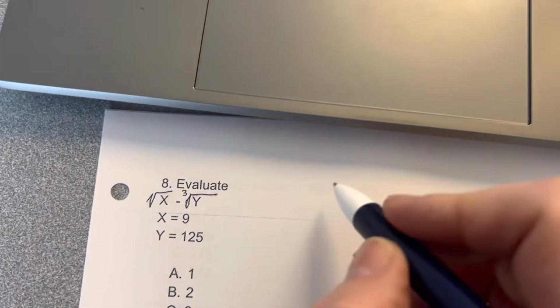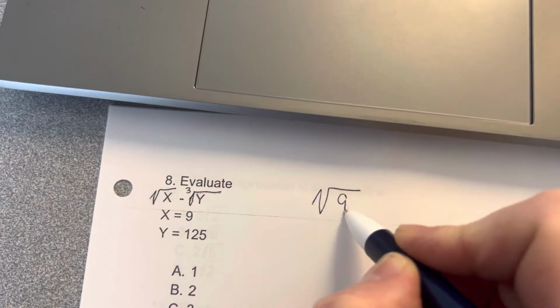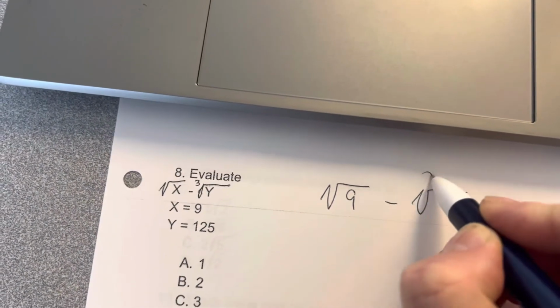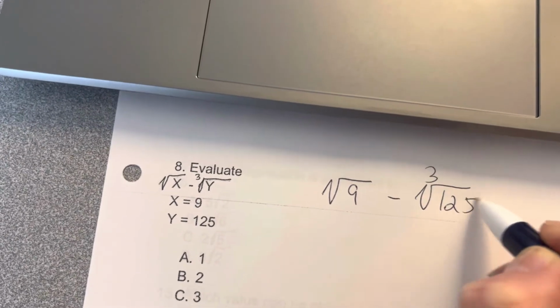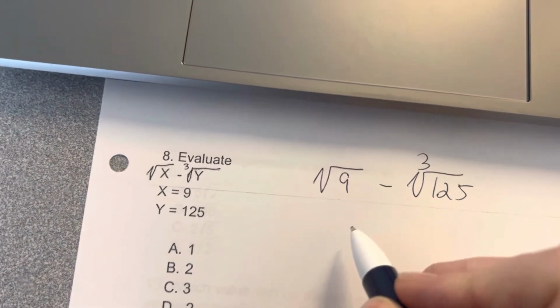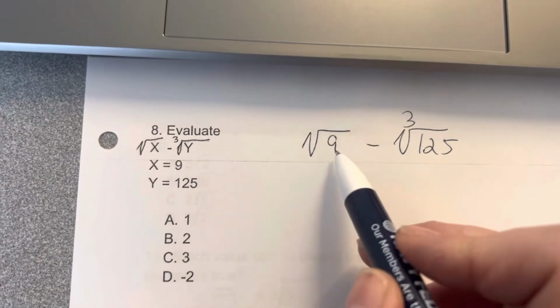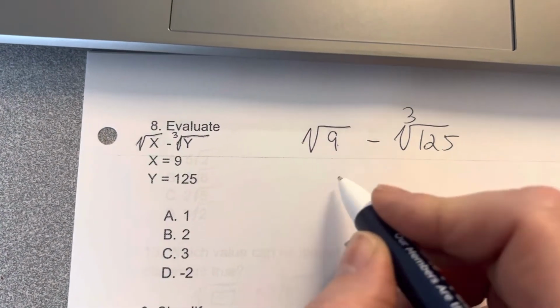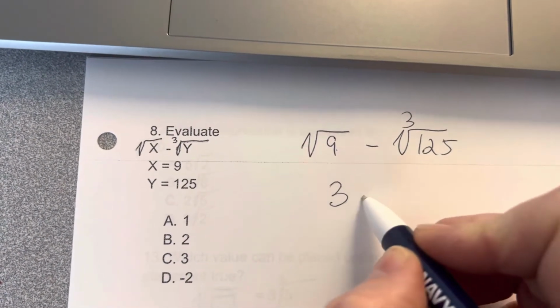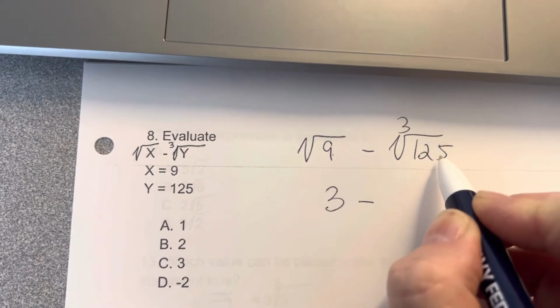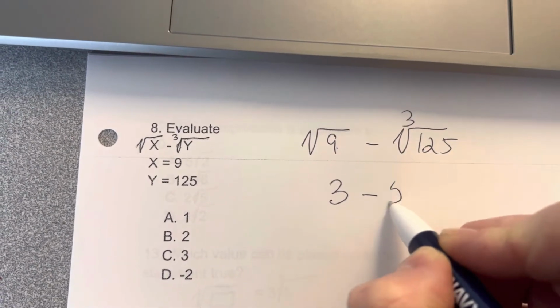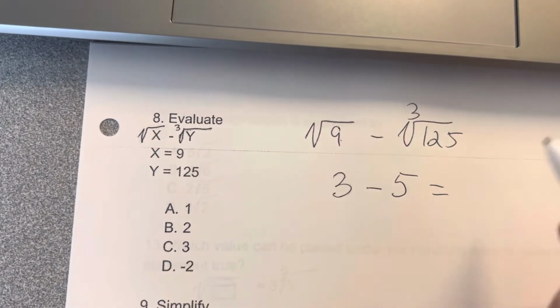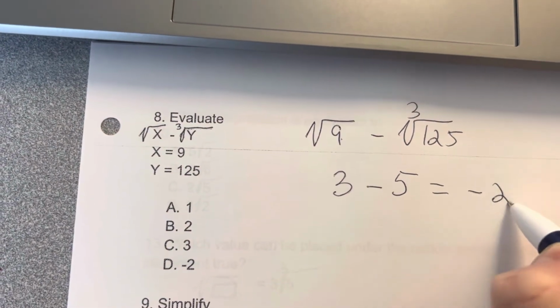All right. Great. So we have the square root of 9 minus the cube root of 125. By hand, this is pretty easy. All we have to do is, the square root of 9 is a perfect square, minus, and the cube root of 125 is also a perfect cube root, so that will give us negative 2.